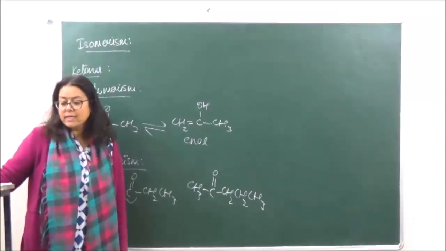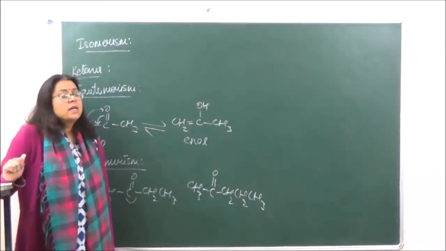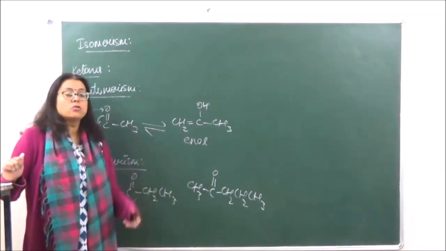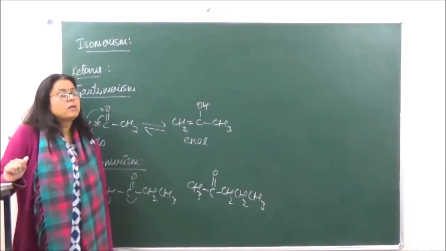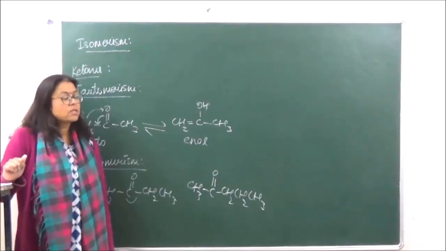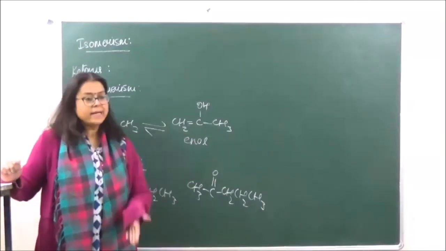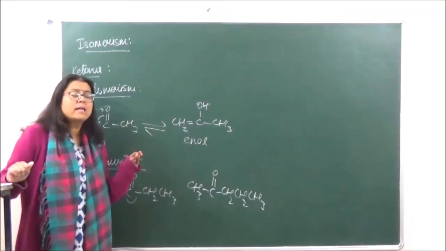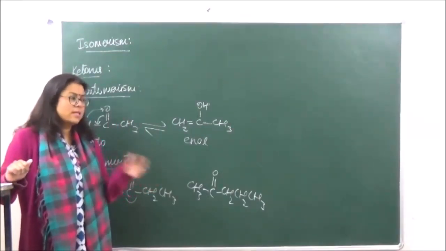The next topic, that is general methods of preparation of aldehydes and ketones, we will do in our next lecture. Now remember, when we do the preparation of aldehydes and ketones, we are going to discuss 3 different types of reactions. In the first, we will discuss general methods of preparation of both aldehydes and ketones. In the second, there are certain reactions by which only aldehydes can be prepared, so we will discuss those reactions separately.